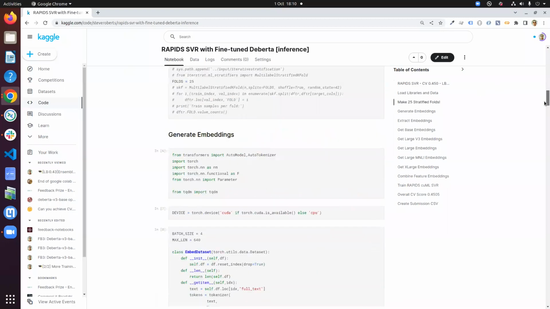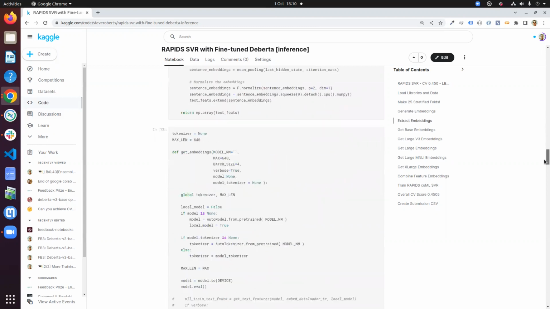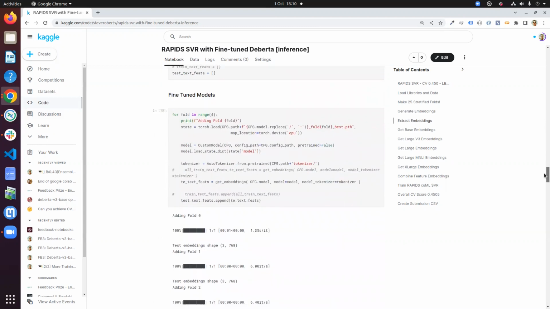How do you average the embeddings from each fold, or what do you do? So you would have embeddings from each of the four folds, right? Yeah.